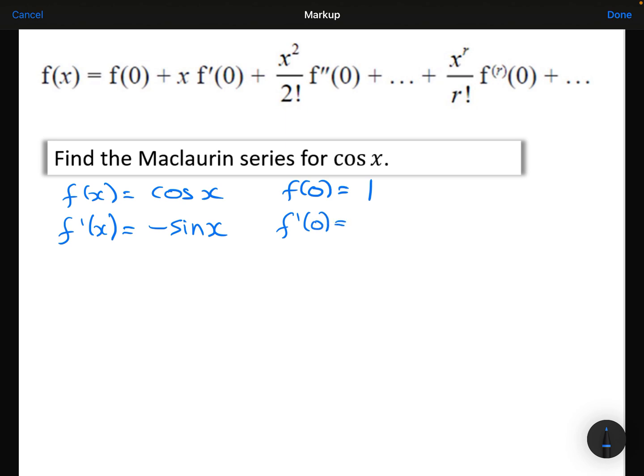Substituting 0 into that, well, sine of 0 is 0. Differentiating for the second time, sine differentiates to be cos, so it'd be minus cos, because it's minus sine. Substituting 0 into that, we've got minus cos of 0. Cos of 0 is 1, so minus 1.